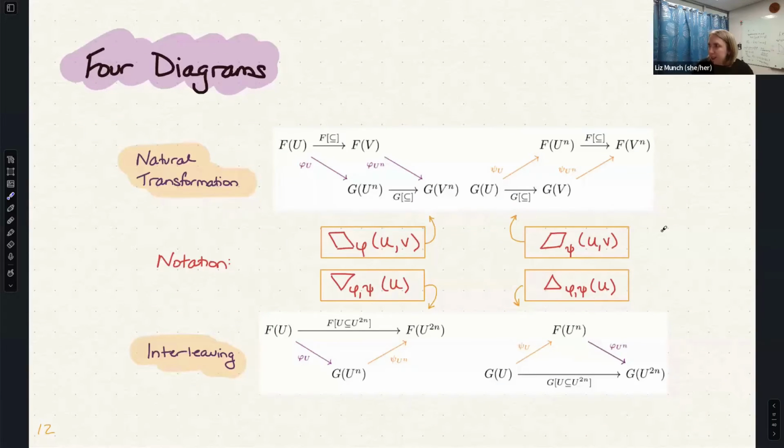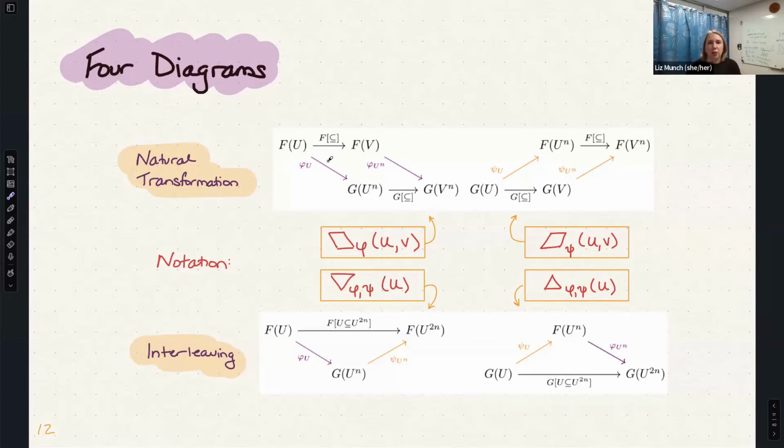If I have this n-assignment, and if it actually does what I want it to do, which is that it actually gives me an interleaving, then I have all of these diagrams commuting. So what are all these beasts? The first thing I have to check is to make sure that my pair of input diagrams actually forms an interleaving. This is taking the un out of the unnatural transformation bit.